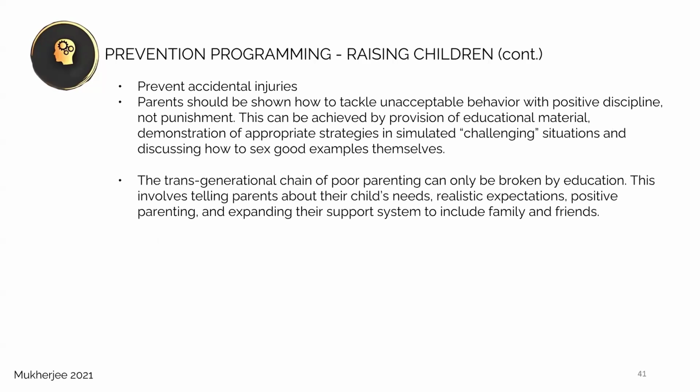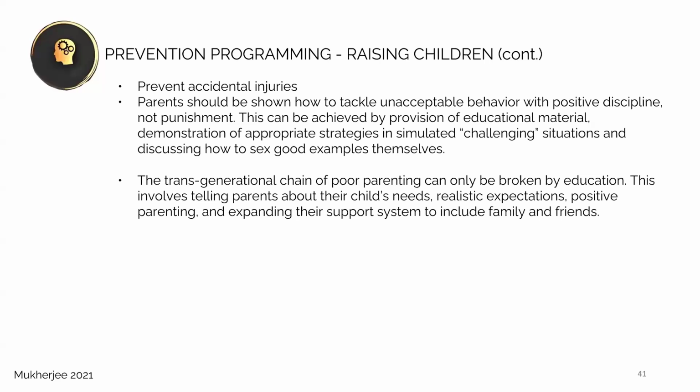This parental prevention programming should also include how parents can prevent accidental injuries. Teaching parents how to deal with what we may consider unacceptable behavior with positive discipline and not punishment.